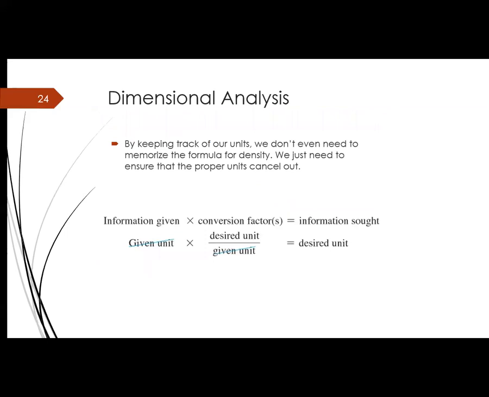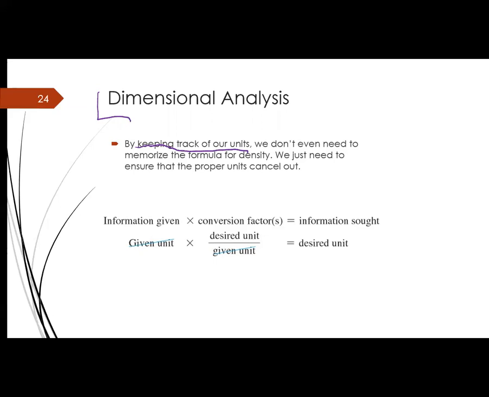Instead, what we can do is something that's called dimensional analysis. And this is probably one of the more important concepts from this course. It's definitely in the top 5. What dimensional analysis does is it tells you, why don't we just keep track of our units?